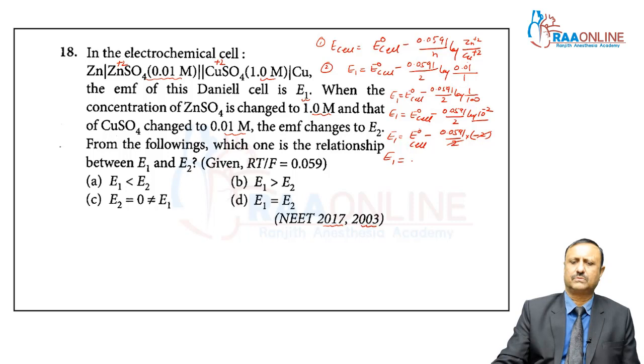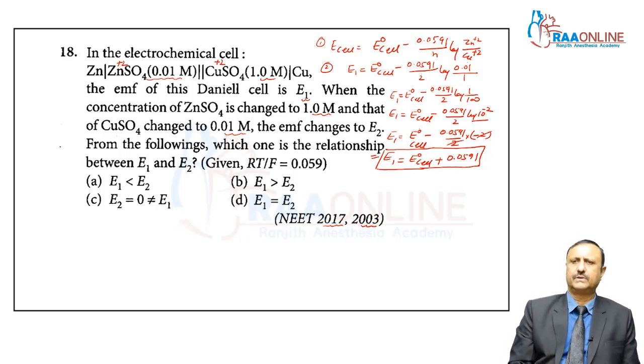Then you get E1 equal to E naught cell, minus minus becomes plus, plus 0.059. In this way, my dear students, you can solve for the value of E1.